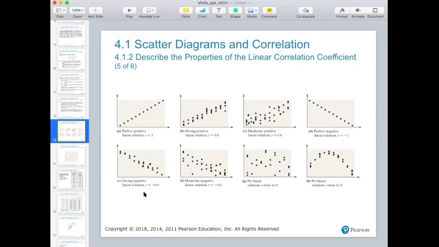We can see that this is probably like a negative x squared kind of situation where we've got an upside down parabola. But it's not linear, and remember, that's the only thing that a linear correlation coefficient is going to tell us, if there's a linear relationship. So if there's any other kind of relationship, our linear correlation coefficient is not going to be helpful.